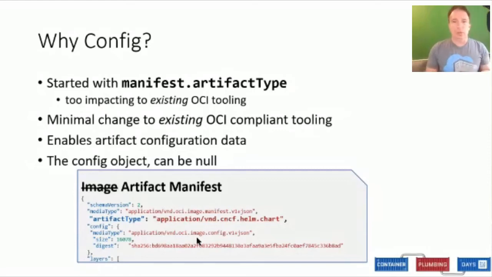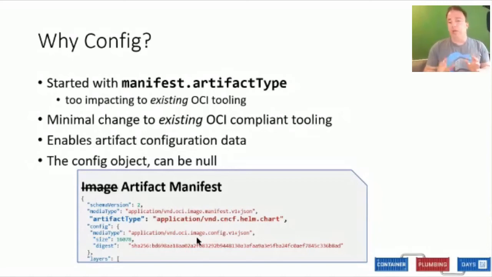Regardless, it was considered to be enough of a problem that we decided that we could still do it another way. That's how we actually came to this. Like, what if we just use the config.mediaType? So that's how we settled on what we call artifacts v1. And the config doesn't actually need to have an object. It's just, the media type is there, and the object itself could be null if we need it.